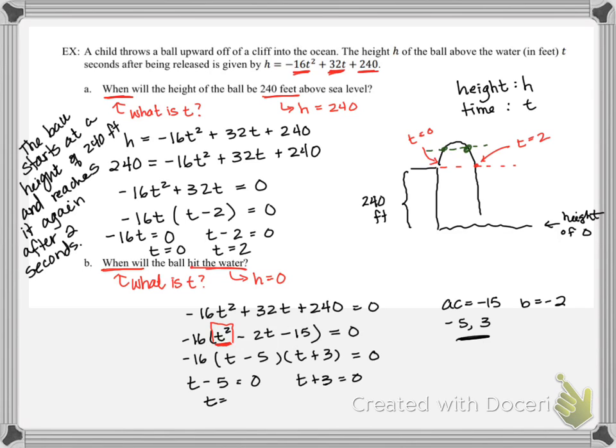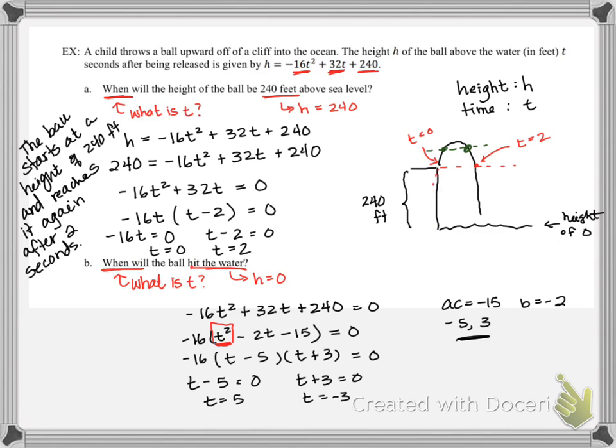So we have t equals 5 and t equals negative 3. All that negative number means is that if somebody had been down here and had thrown the ball up in the air on that same exact trajectory, it would have taken 3 seconds to get to the top of the cliff, to where the boy was.